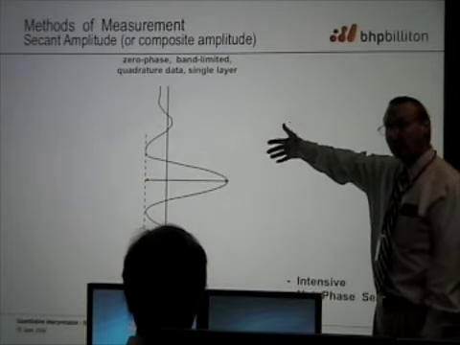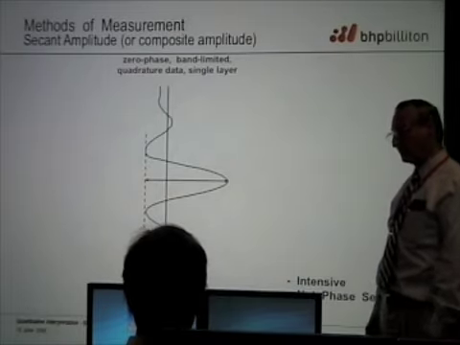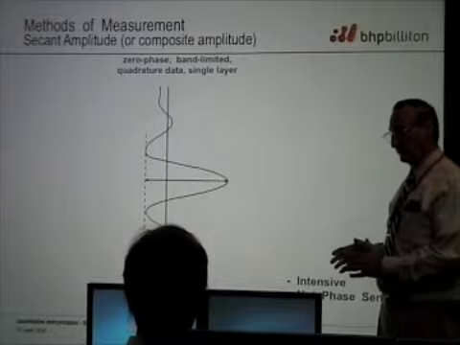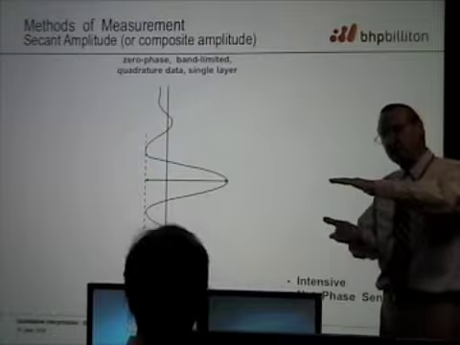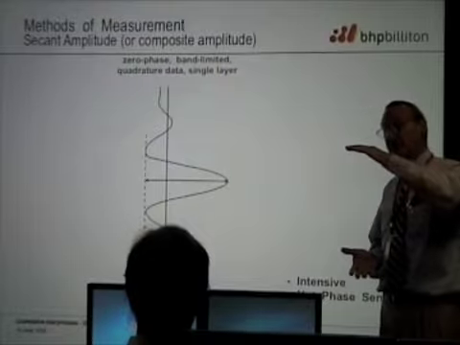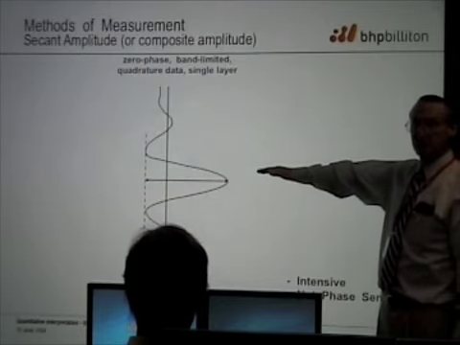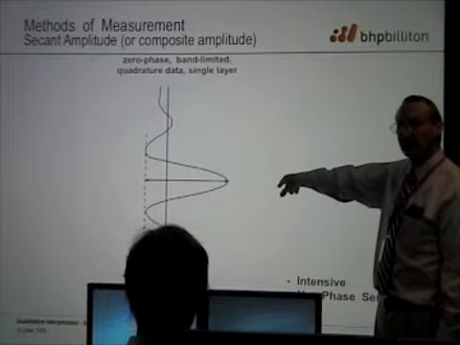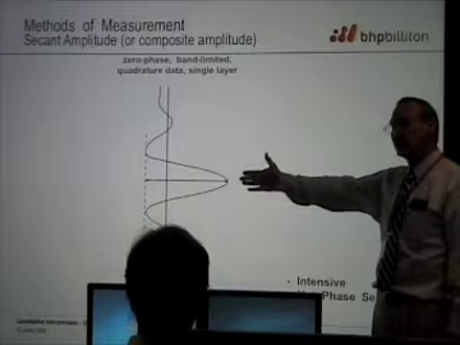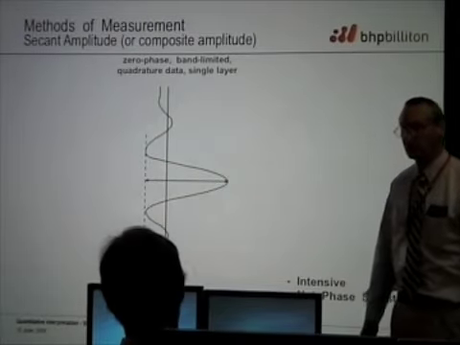For the simple models that we're discussing here, you can always contrive a model which will give it trouble. But Mike talks about having another sand layer below, or shale below that's quite different than the shale above. This is still going to be superior to the zero-to-peak amplitude measurement in terms of phase sensitivity. So that's why he's using secant amplitudes, at least some motivations for why he uses that.